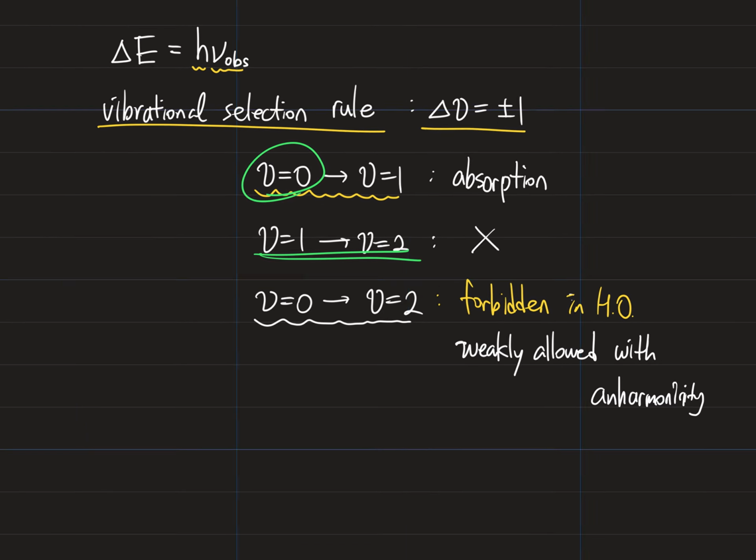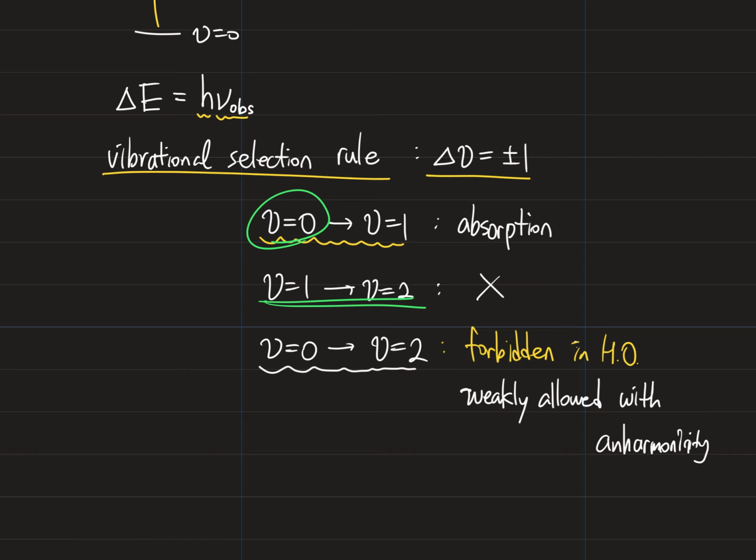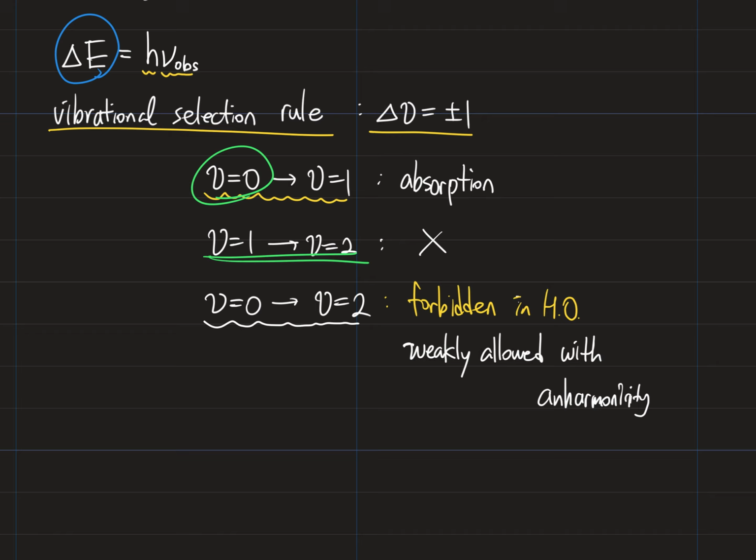And let's then discuss this energy difference, delta E. We know that the vibrational selection rule is delta v equal to plus or minus 1. That means only the transition between adjacent energy levels is allowed.